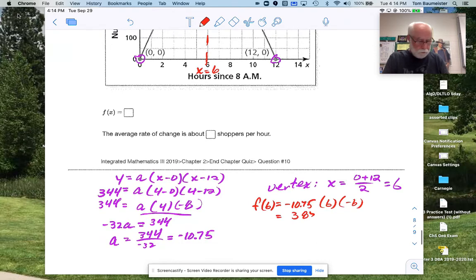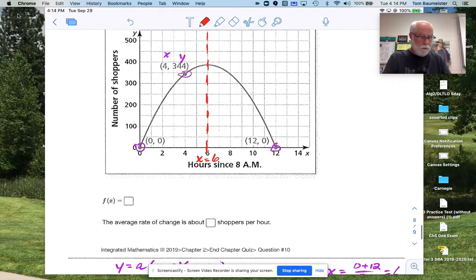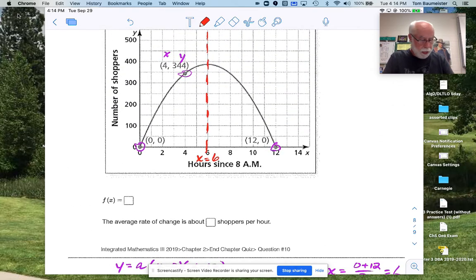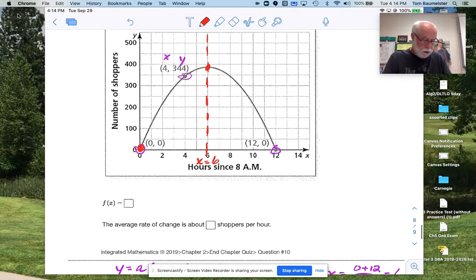Okay? So now, remember, our average rate of change, again, is the slope, and they told us where it's increasing. So remember, here it's increasing, here it's decreasing. So we need to find the slope of this line.